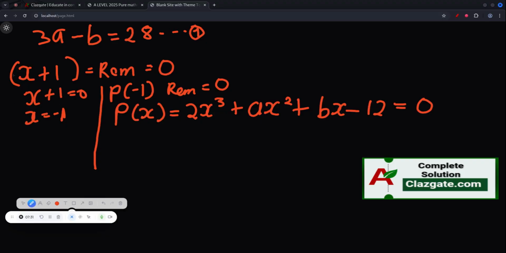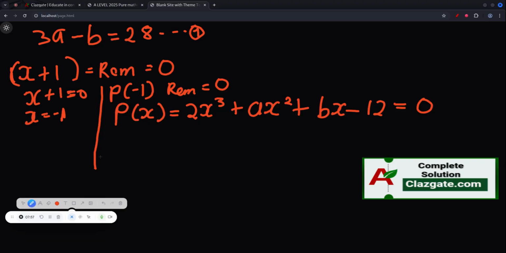When you are finding the value of x, you are equating the divisor to 0. But when you are fitting the value into the polynomial, you are using its remainder, equating it to its remainder. Don't forget: when you're using the divisor, you're equating it to 0 to get the value of x. And when you're fitting into the polynomial, you use that value of x.